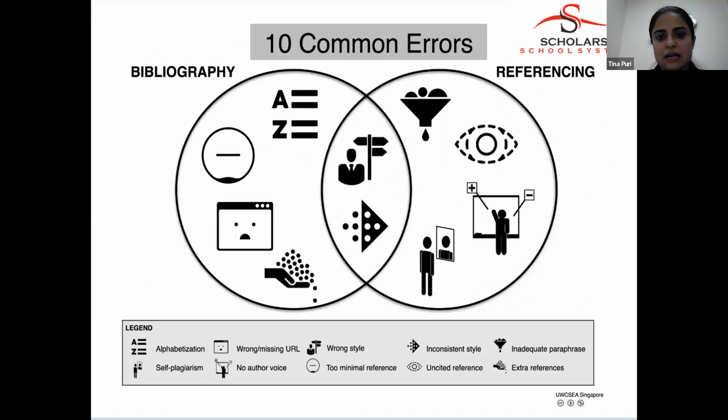Now let's see the 10 common errors. They are: alphabetization, wrong or missing URLs, wrong style, inconsistent style, inadequate paraphrase, self-plagiarism, no author voice, too minimal references, uncited references, and extra references.